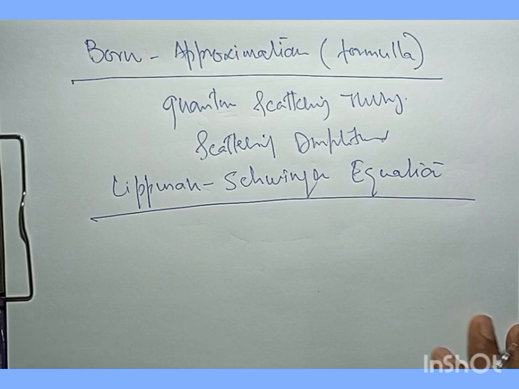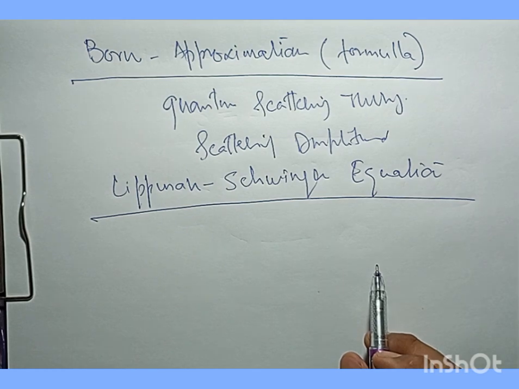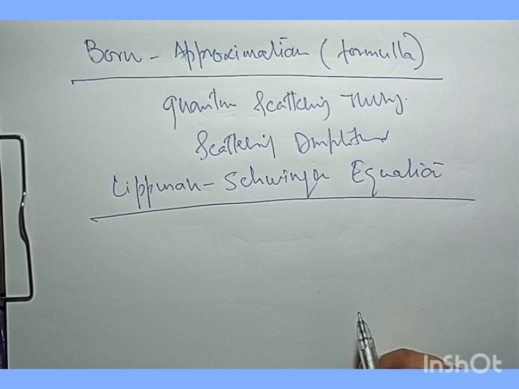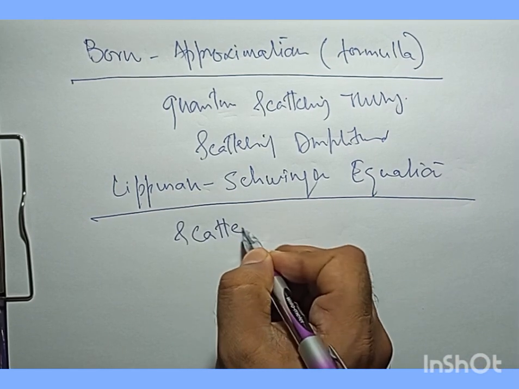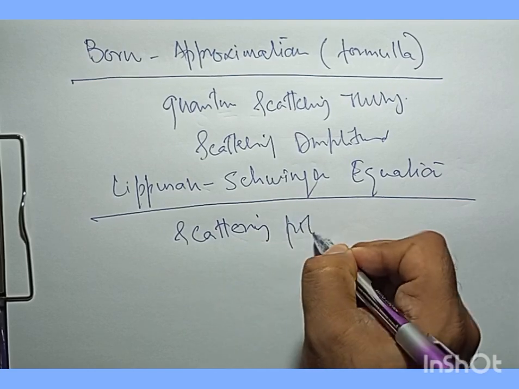This Lippmann-Schwinger equation in scattering theory provides a formal solution to the Schrodinger equation, especially the solution for the scattering potential.